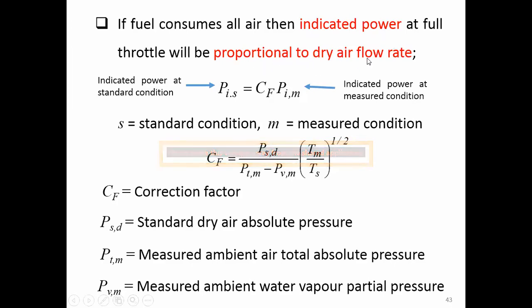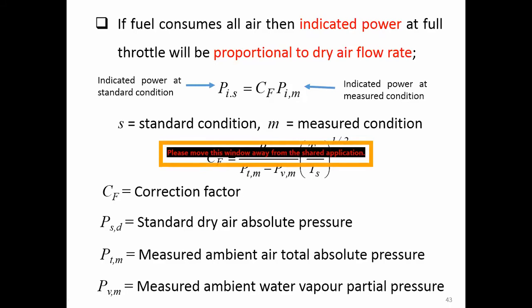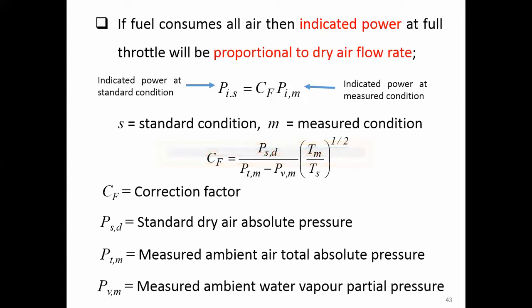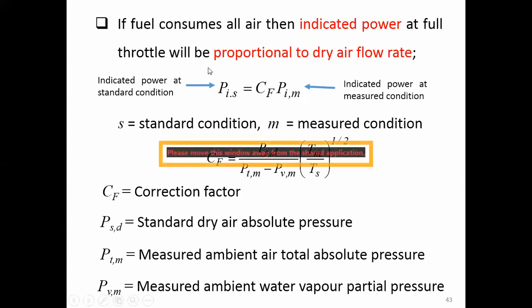So in terms of power, if we let all the air flow in, our air now depends on the ambient conditions, and power depends on the air and the fuel. So if we say that our fuel can consume all the air, that means the whole mixture is combusted, and the indicated power at full throttle is still proportional to the dry air flow rate. So that means we can come up with these equations.